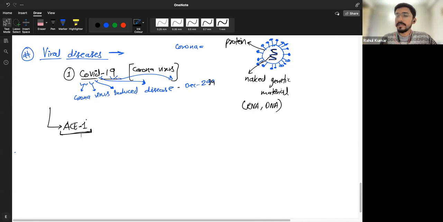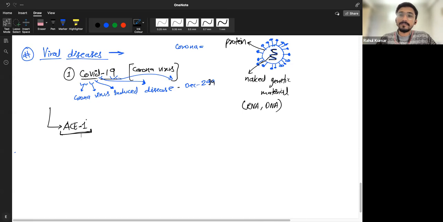Again, you cannot breathe, SpO2 level falls, and because the SpO2 levels fall, other kinds of symptoms start coming up. The person can go into a coma-like state where the brain starts dying, the brain is not responding, etc. We still don't know the long-term effects of COVID, because COVID has not been around for very long.